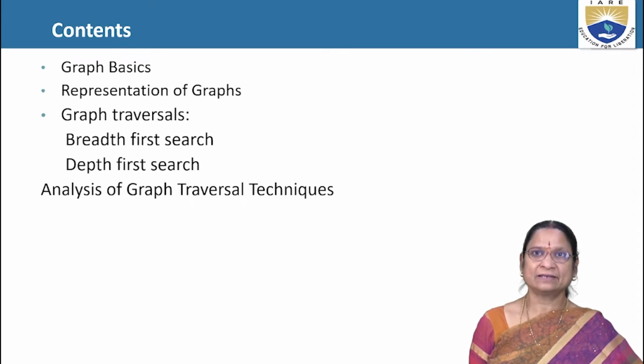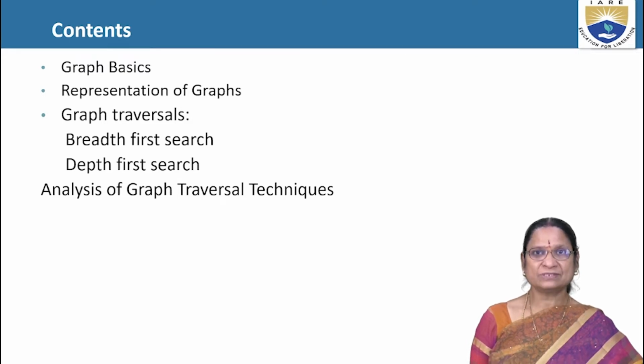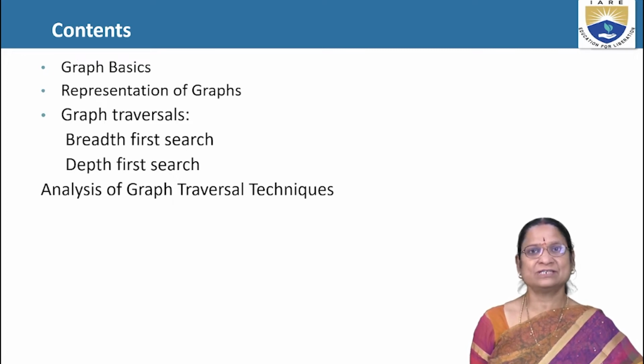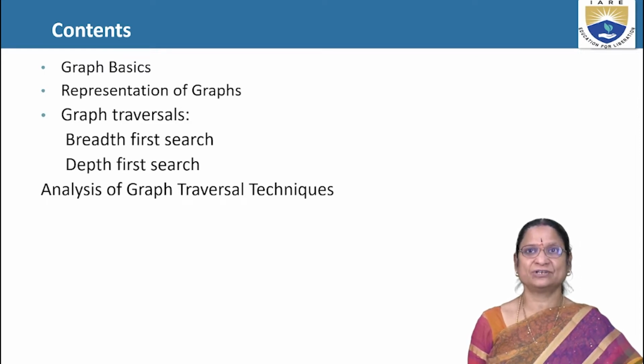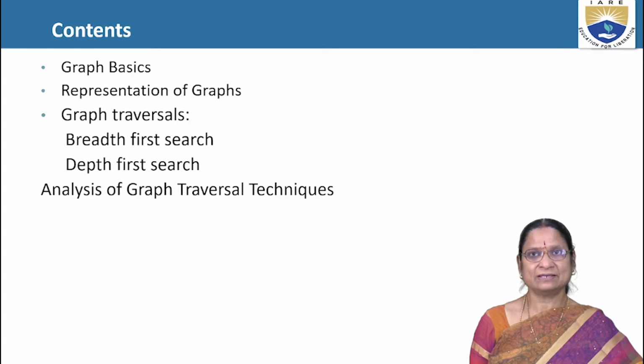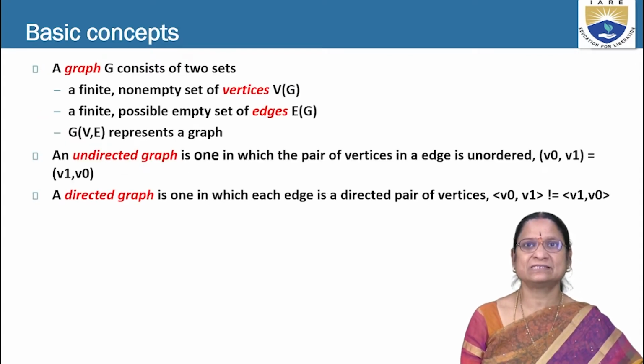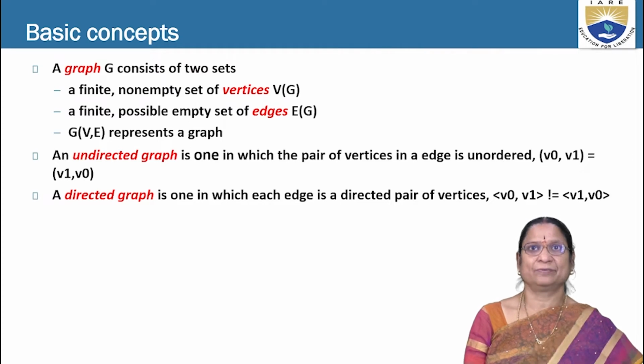Two techniques are there, BFT and DFT. Of course, for searching an element we also have to use these traversal techniques, so these are also termed BFS and DFS when the algorithms are used for searching. And also the analysis of these techniques, how the time complexity and space complexity will be considered for these two techniques.